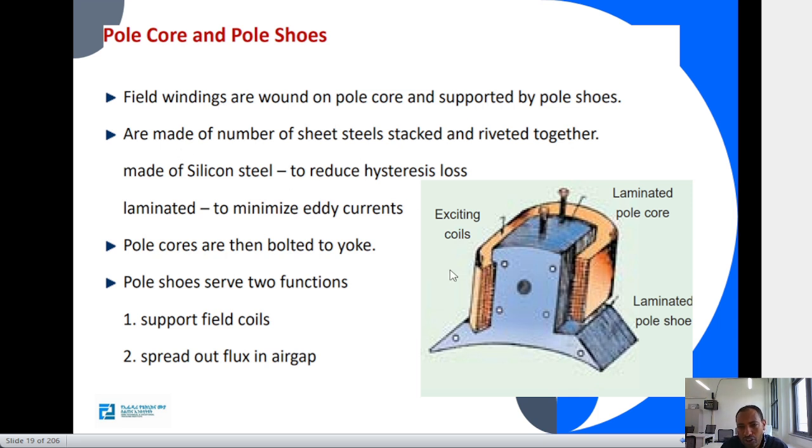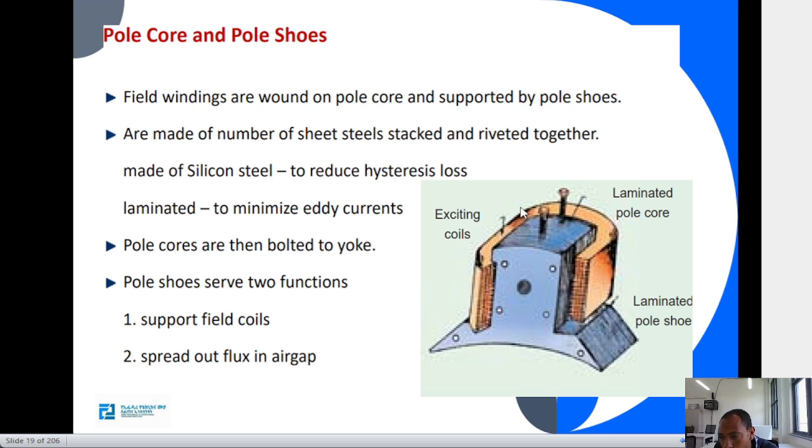The main function of the pole is just to hold the windings. The field windings are placed or wound around this pole. They are what produce the poles, the windings, I mean. So the field windings are wound on the pole core.